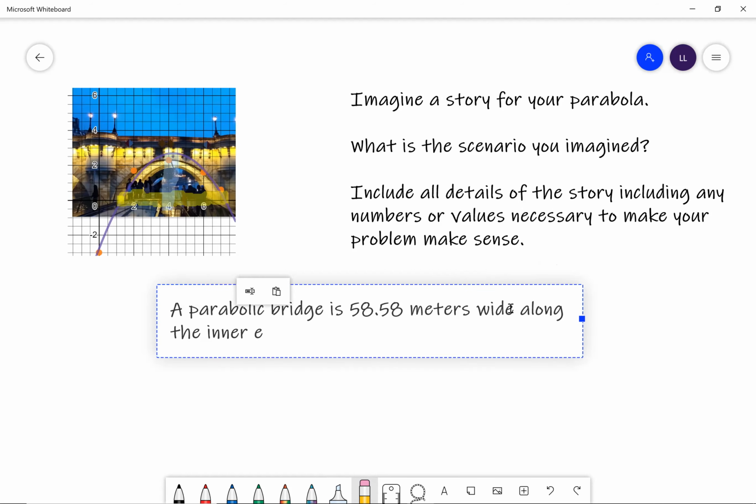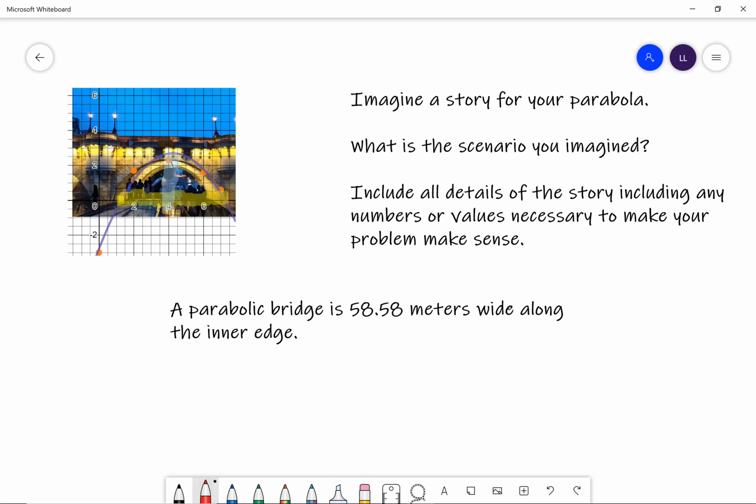And here's another reason why I'm saying along the inner edge. If you look here on my graph, I was following the inner part of the bridge when I was coming up with my points when I first started. So that's the inner edge. This is along the outer edge. This is the inner edge.